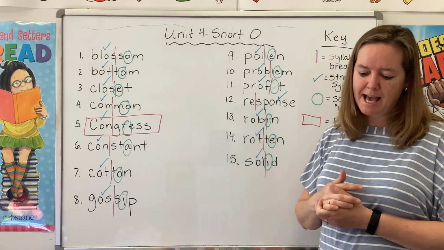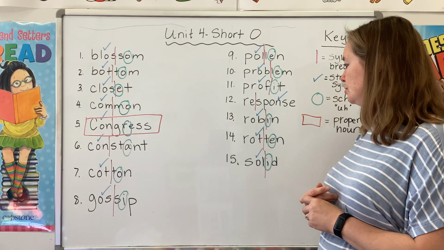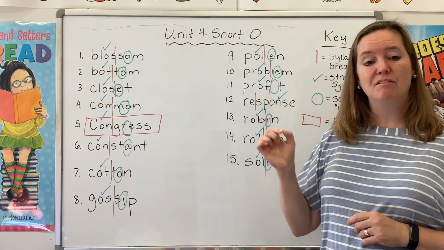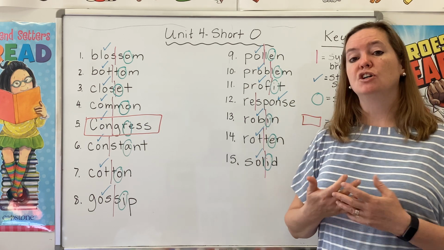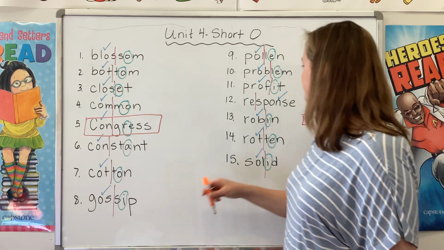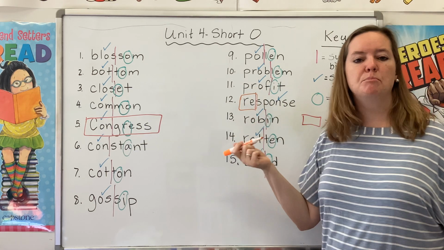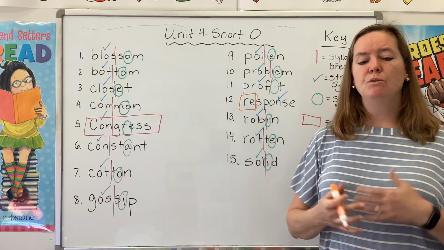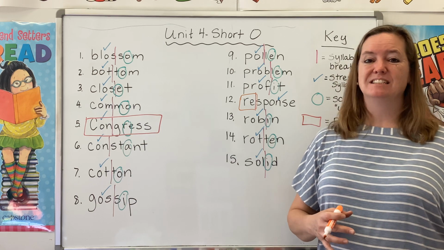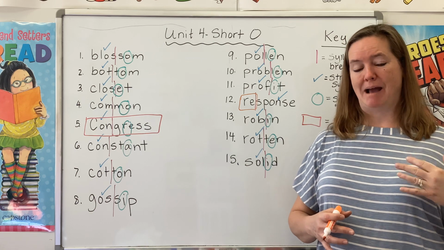Okay, the next thing I want you to look at are prefixes. So we've talked about prefixes before. We know that they are tacked on at the beginning of a word and they give us a clue to the word's meaning. So, for instance, look at the word response. You've seen the prefix re before. You know that re can mean do it again, right? Like you have to repaint or reheat, but it can also mean back, like a rebound.